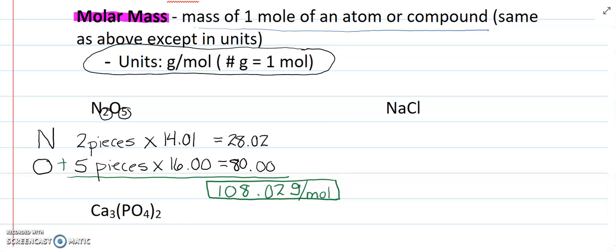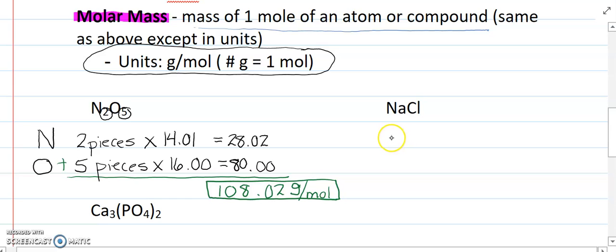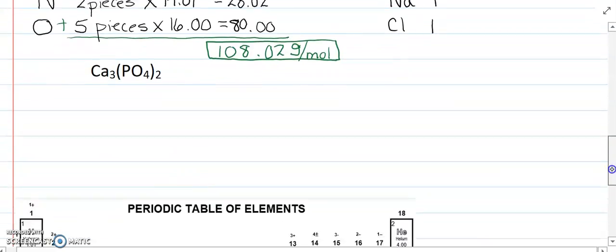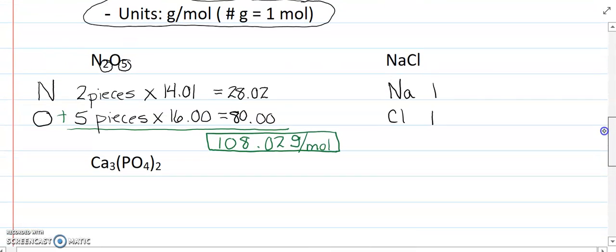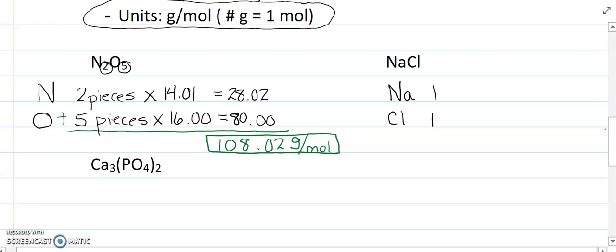Now, if I take a look at NaCl, NaCl is an ionic compound that is going to be made up of one piece of sodium and one piece of chlorine. And I can go down to my periodic table and I can find my mass of sodium. My mass of sodium is going to be 22.99. And I can find my mass of chlorine, and my mass of chlorine is going to be 35.45. And I am going to take that one piece of sodium times its mass of 22.99.